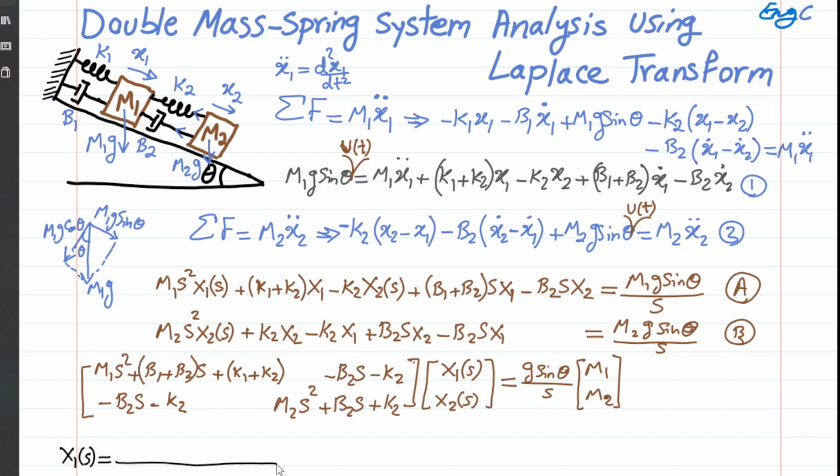Okay, so Cramer's rule says, let's say this is your matrix A, this whole matrix that you can see here. It's a 2 by 2 matrix, and so Cramer's rule says determinant of matrix A, and in the numerator you will replace the first column with what you see here, basically g sine theta divided by s times m1 m2, and then you just multiply.